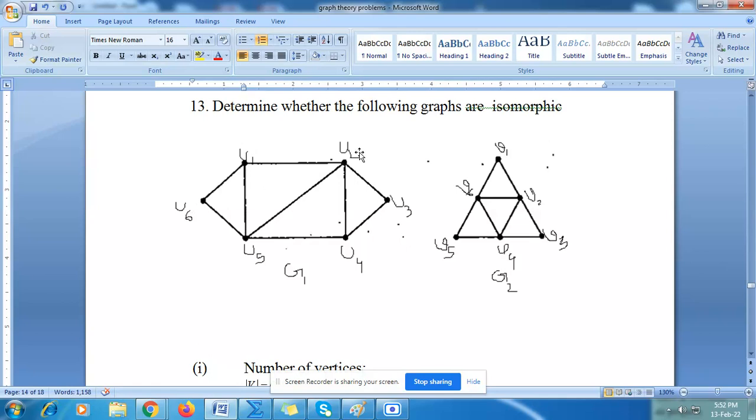The degree of u2 is 4, the degree of u3 is 2, the degree of u4 is 3, the degree of u5 is 4, and the degree of u6 is 2. Again, check the degrees in graph 2. The degree of v1 is 2, v2 is 4, v3 is 2, v4 is 4, v5 is 2, and v6 is 4.